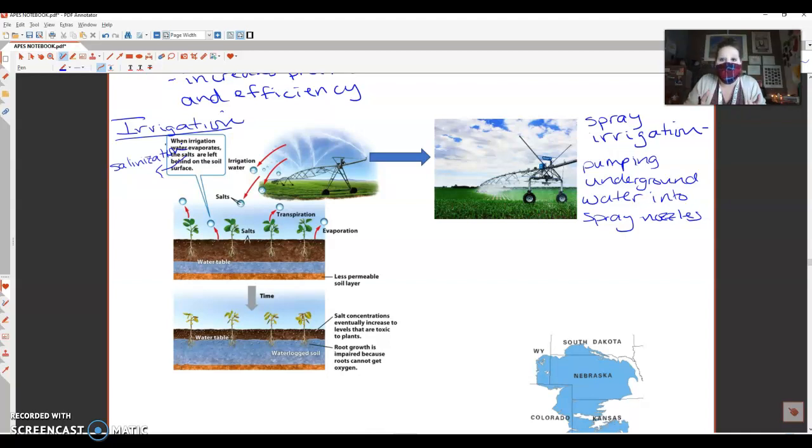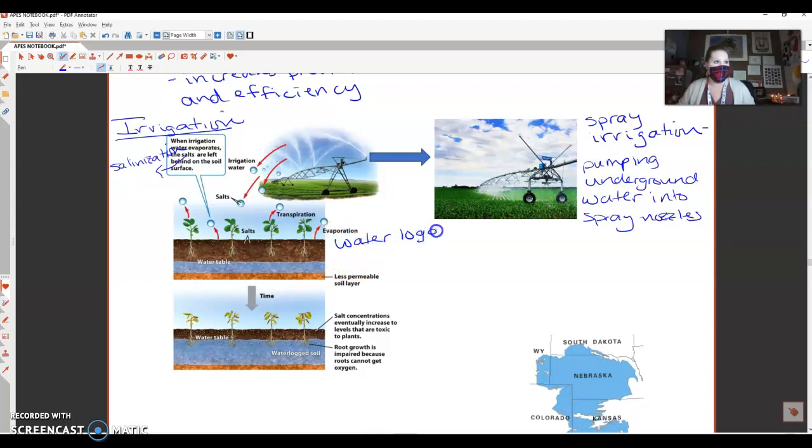Now, if I were to ask you, and this is a common sense question, if I'm growing a plant and I add salt to the dirt, what's going to happen to the plant? It's going to die, obviously. You guys learned that in biology, okay? So, again, using too much irrigation can cause salinization, or it can cause what we refer to as waterlogging.